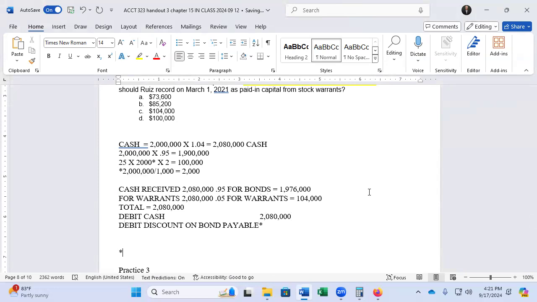The discount on bonds payable is the 2 million face value minus the 1,976,000 allocated cost, and that equals 24,000.